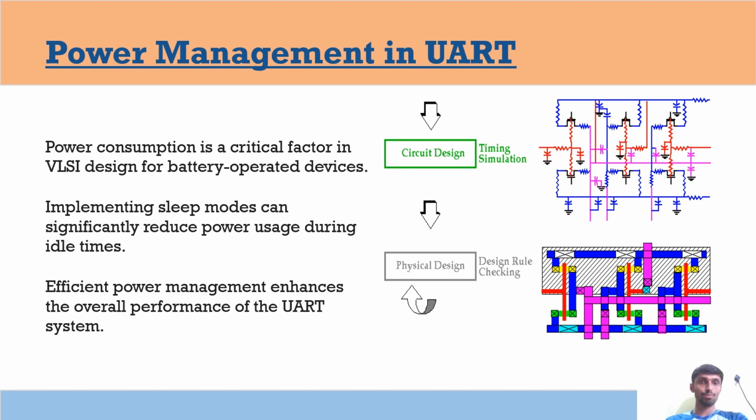This is the power management in the UART. Power consumption is a crucial factor in VLSI design for battery operated devices. Implementing a sleep mode can significantly reduce power usage during idle times, and efficient power management enhances the overall performance of the UART system. Here is some diagram on circuit design, timing simulation, and physical design rule checking.